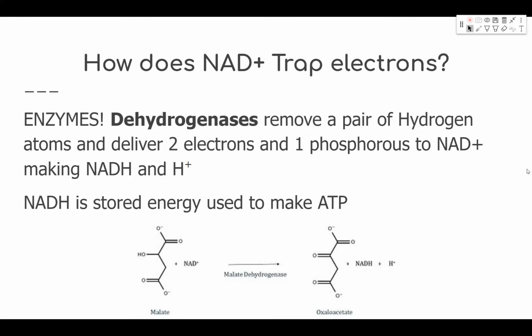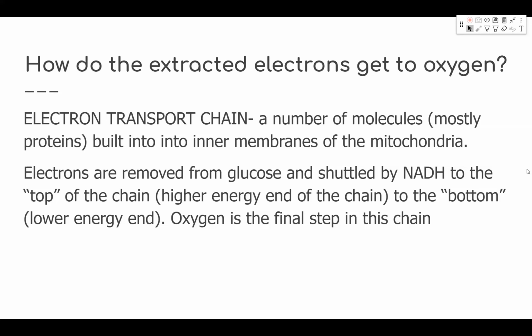And we're going to do that via the electron transport chain. We're going to spend an entire day talking about the electron transport chain when we get back. Essentially, the electron transport chain is a bunch of proteins. There are a few other molecules in there, but mainly proteins that are built into that inner membrane of the mitochondria.